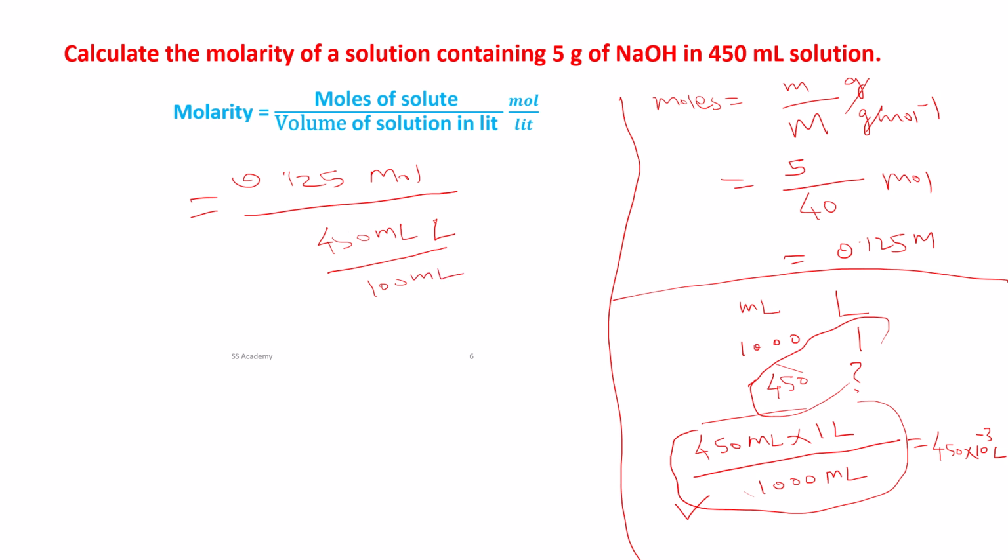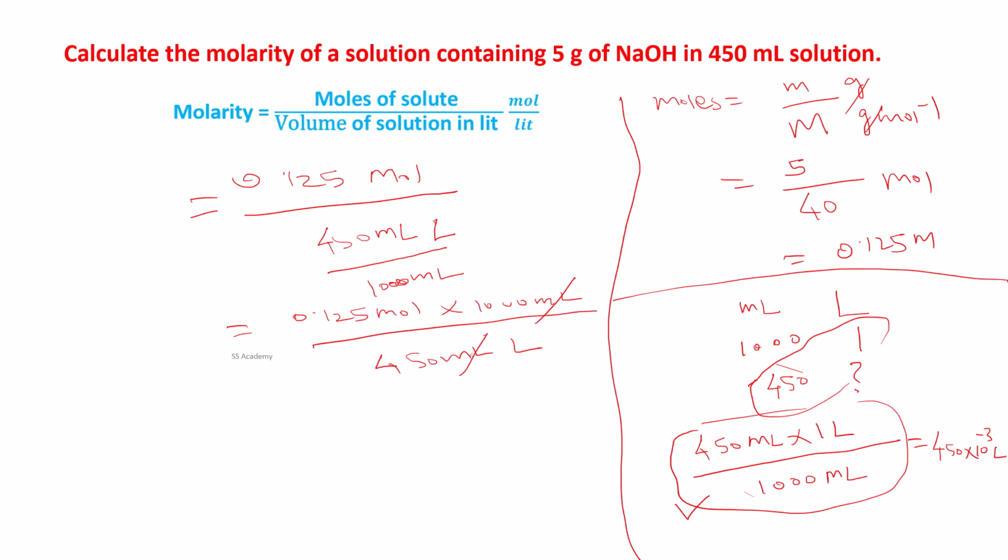So we bring this 1000 into here. So this will become 0.125 mole into 1000 ml divided by 450 ml liter. ml cancels. This is the reason I suggest to use this one instead of this.